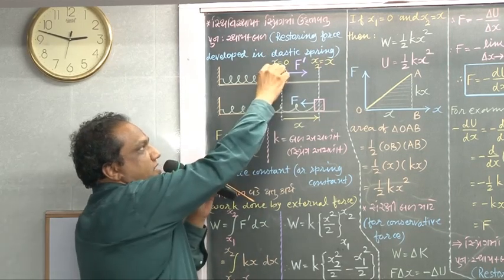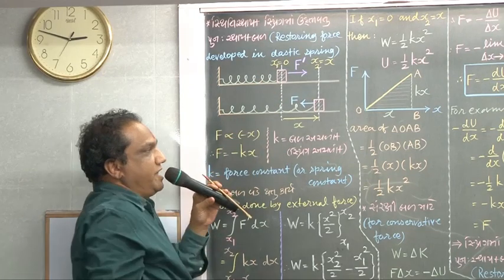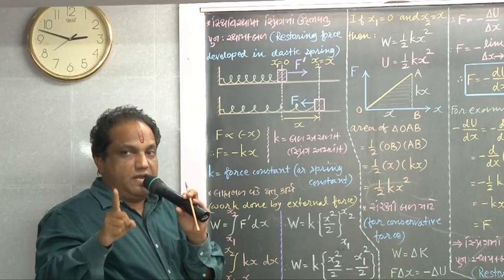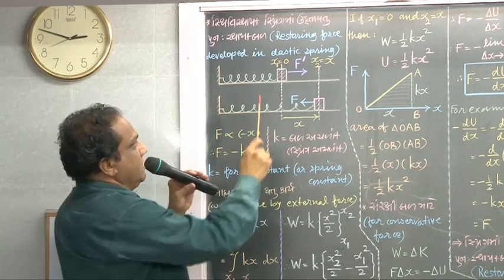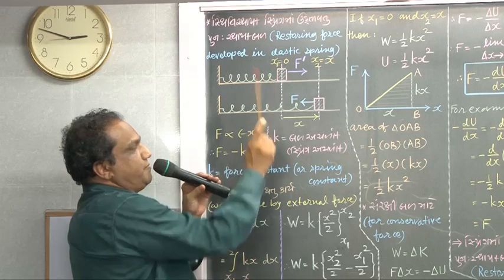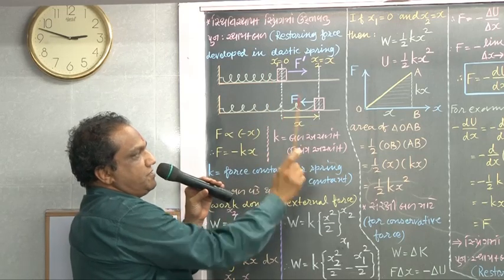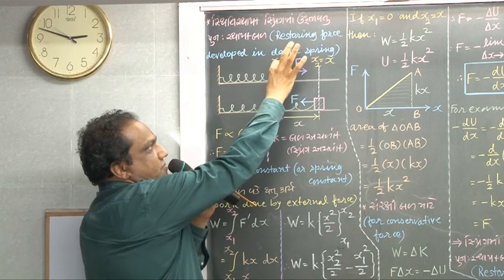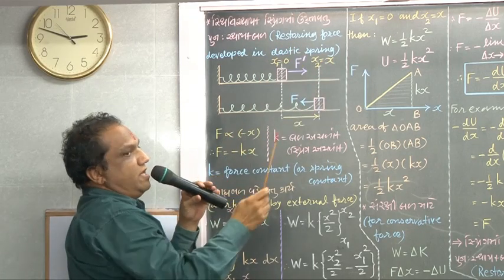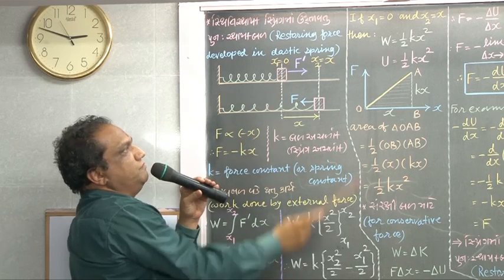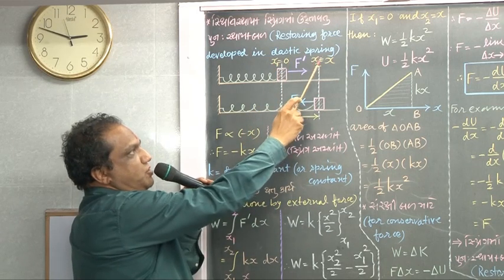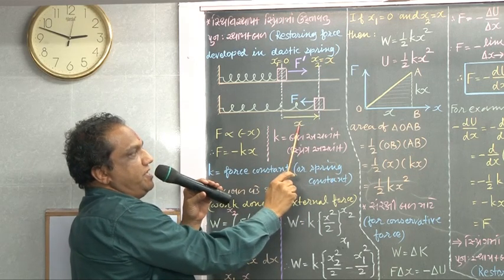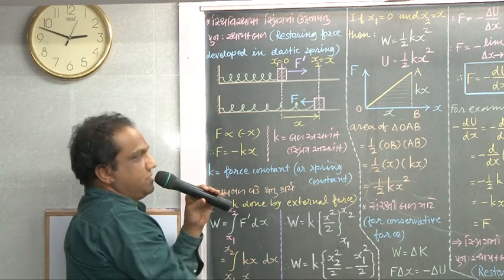When I pull the block, the spring is getting elongated, it is getting stretched, so the length will increase by some amount, say x. I bring the block from here to here. Earlier position was x1 equals 0, now the position is x2 equals x. So the elongation produced in the elastic spring is x.